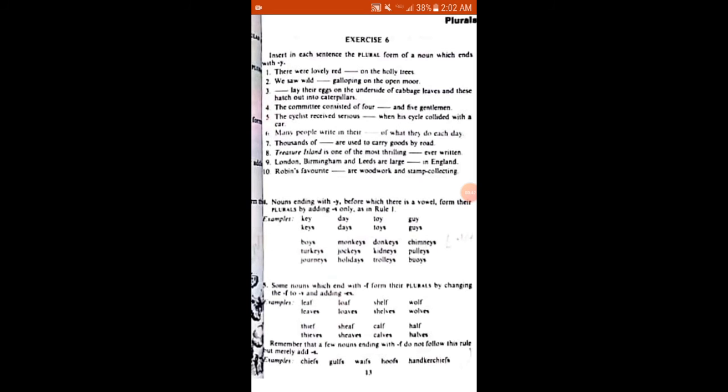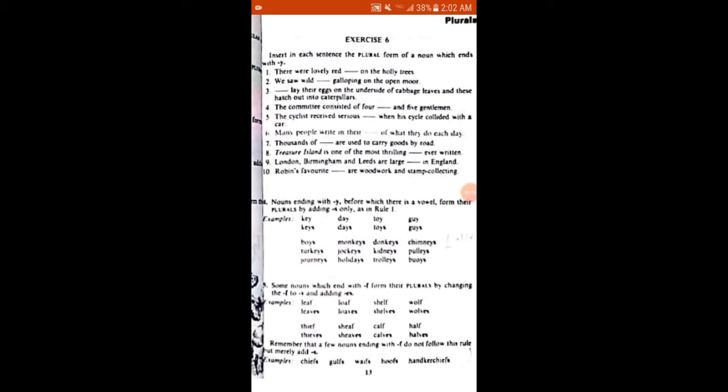But in rule number 4, if the noun is ending with y and before the y there is a vowel, we form the plural by adding s. It means we will not omit the y; it will be there, and after the y we will add a single s, and in this way we make the plural of that word.